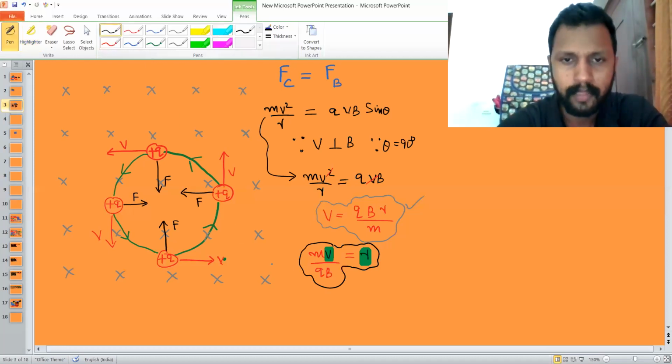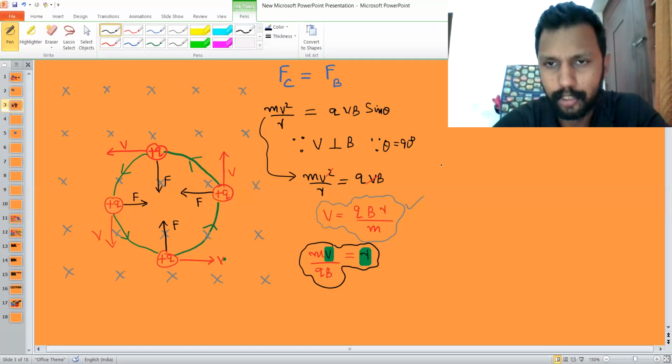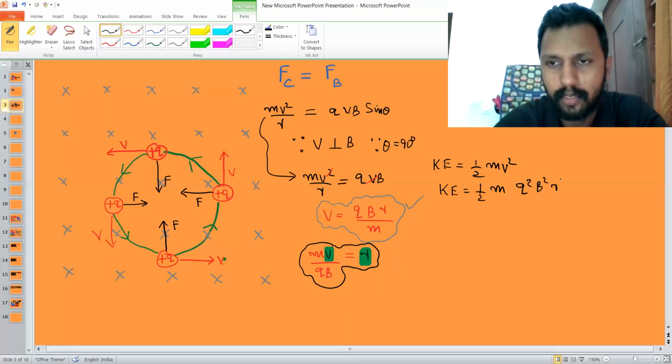Remember this also. Then let's find out the kinetic energy. What's the expression for kinetic energy? The expression for kinetic energy is half mv square. We have learned it in our +1. What's v? As we know, v is qBr by m. We substitute the value of velocity over here and we get half m into q square B square r square divided by m square.